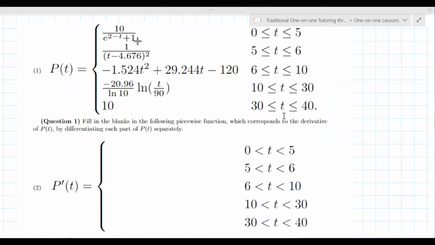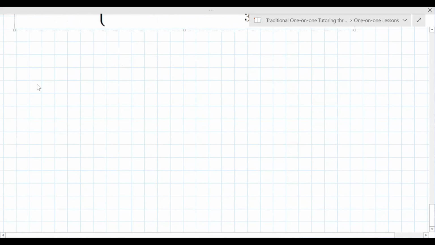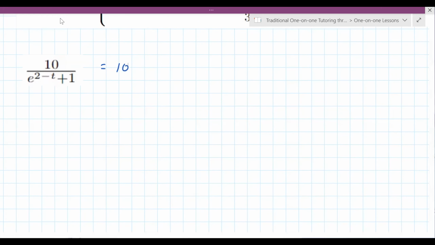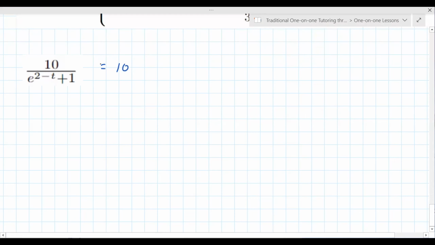I'm going to go down to have some room here. So this is the first one. It's formatted weirdly, but another way to write this is 10 times e to the 2 minus t plus 1, to the minus 1 power.